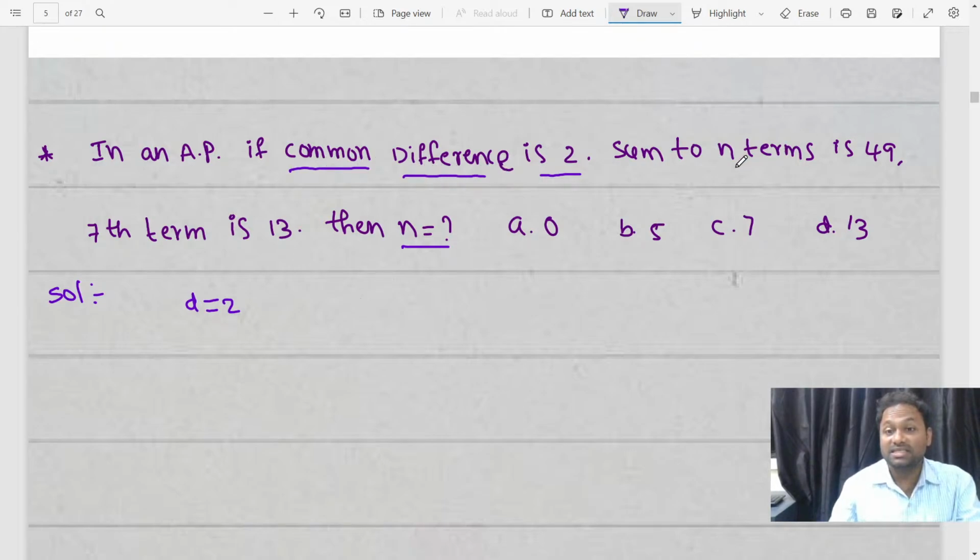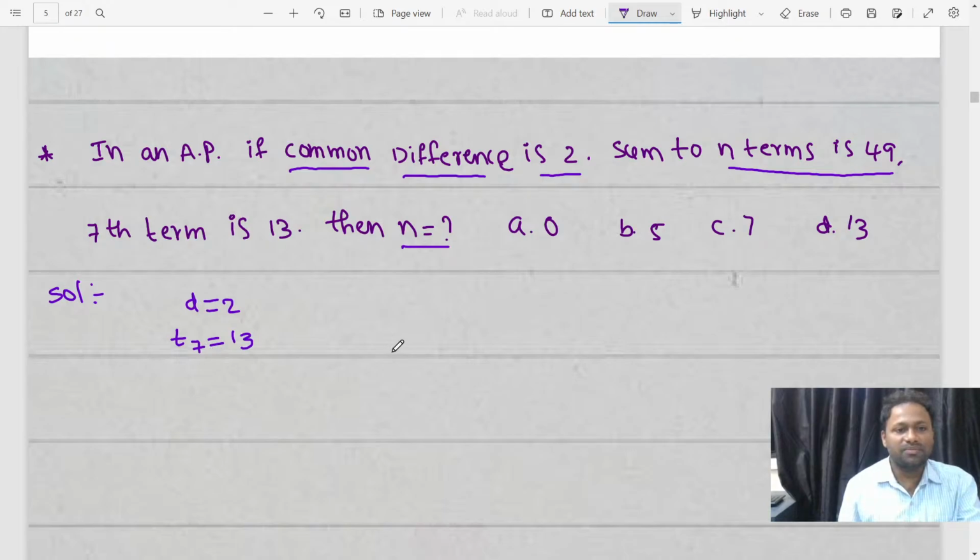Clear. And the sum of n terms is given, see, this is the main thing. Sum of n terms is 49 and the seventh term is also given. What is the seventh term? T7 is equal to 13.